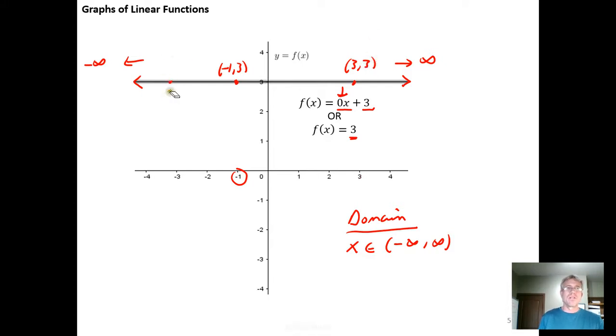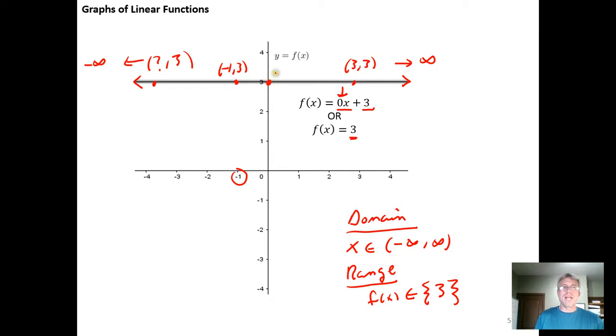And in fact, no matter where I put an ordered pair on this line, input whatever, the output will always be 3. So it turns out that the range in this particular case is that f of x isn't running over an interval. I can't describe it in interval notation. F of x is just the set that contains a single number, 3. So I use set notation instead of interval notation.